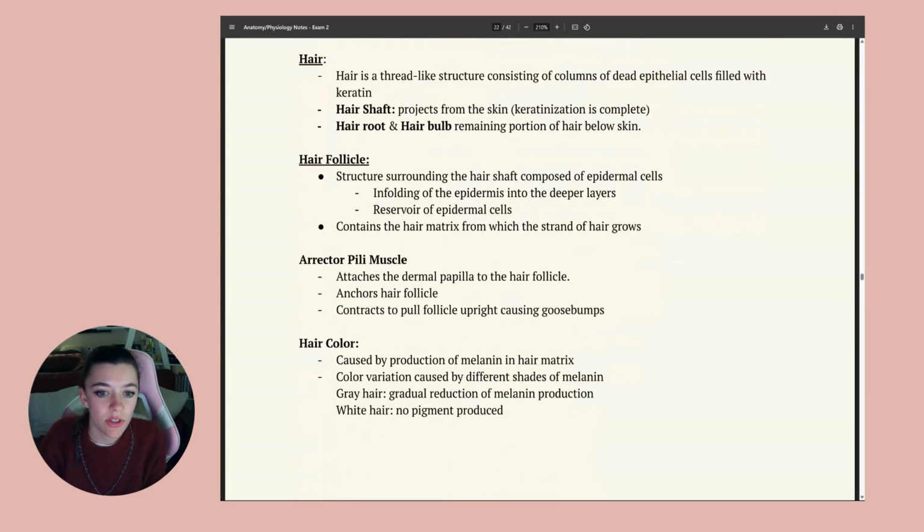So some more notes about your hair. Hair is a thread-like structure consisting of columns of dead epithelial cells filled with keratin. Hair shaft that projects from the skin, from your corneum. And then you also have your hair root and the hair bulb, which are the remaining portions below the skin.